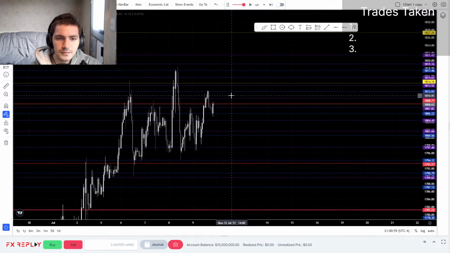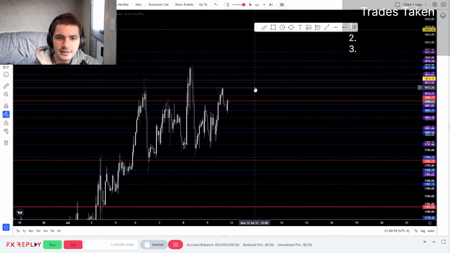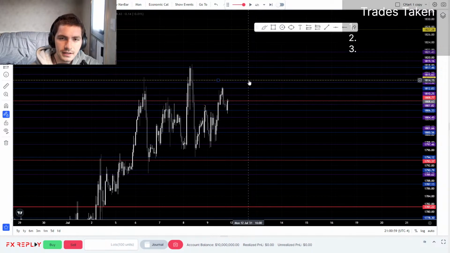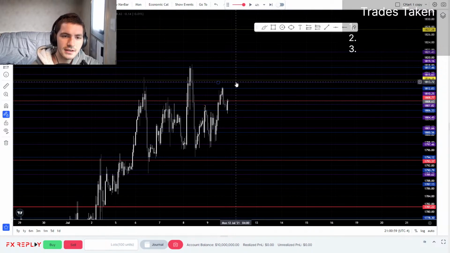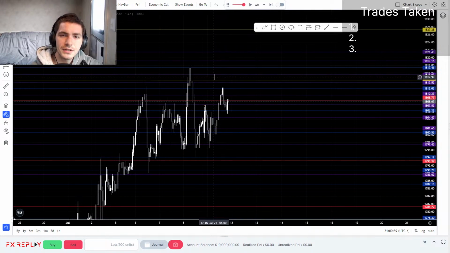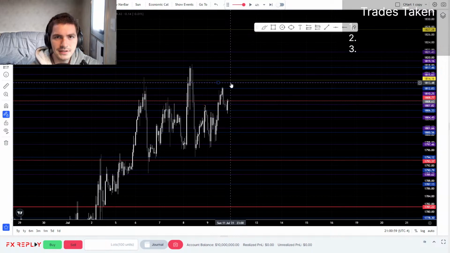So one thing to know actually is with the blue lines, the 2 hour lines, and the 4 hour lines, you shouldn't be looking for necessarily a close at them.